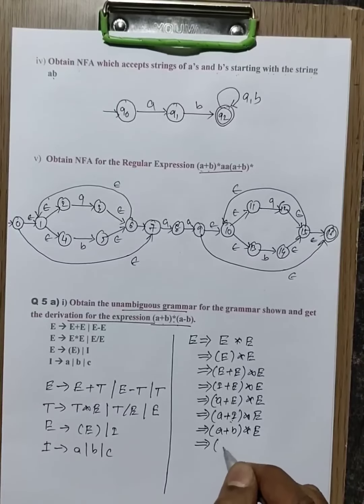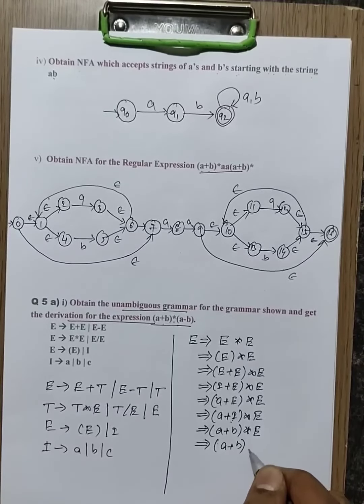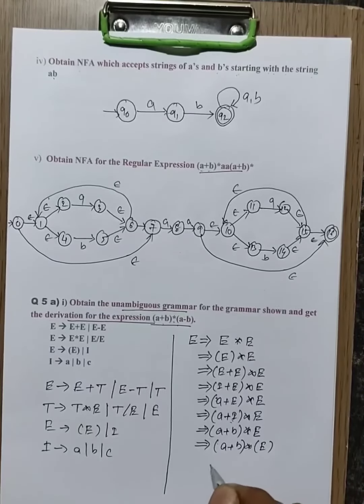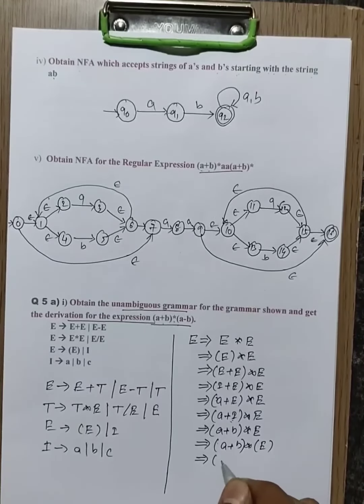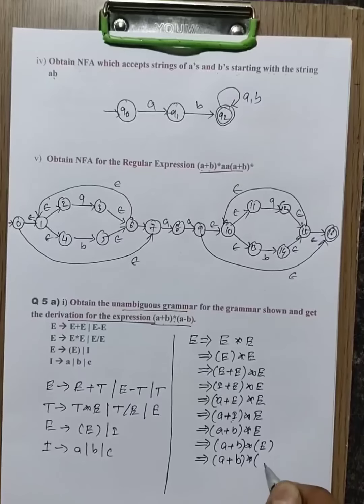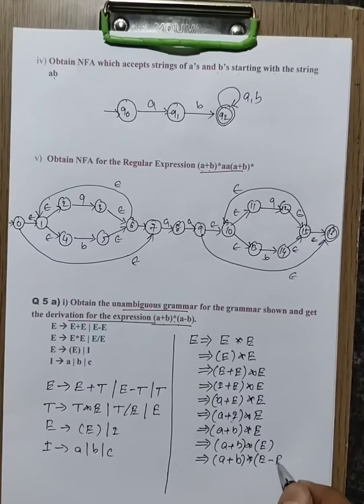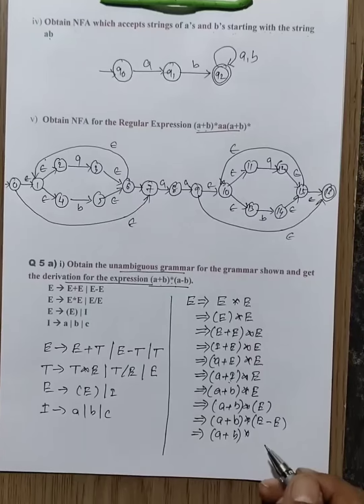Now this E is replaced with A plus B star, E replaced with bracket E. At a time replace only one variable, plus B star. Then again next is E minus E, E minus E, A plus B star.